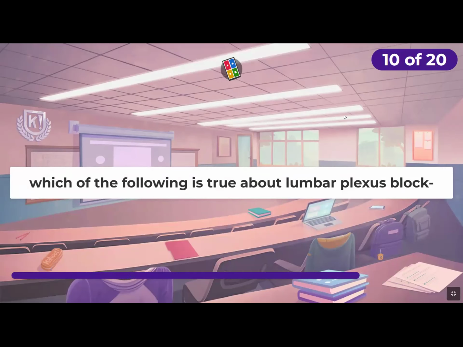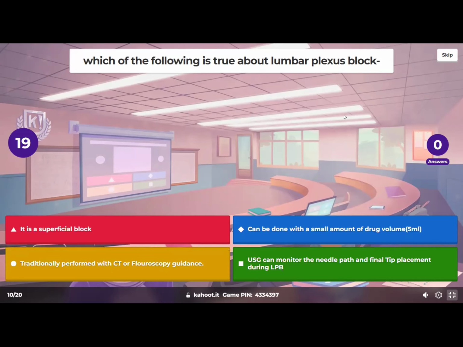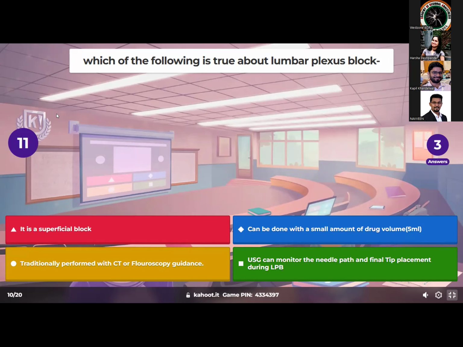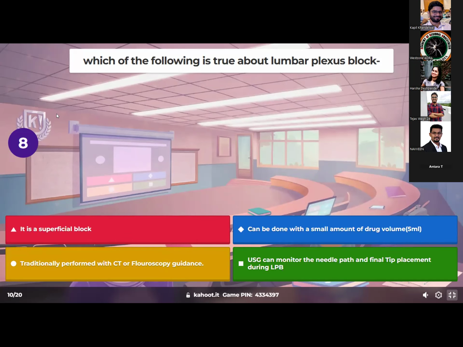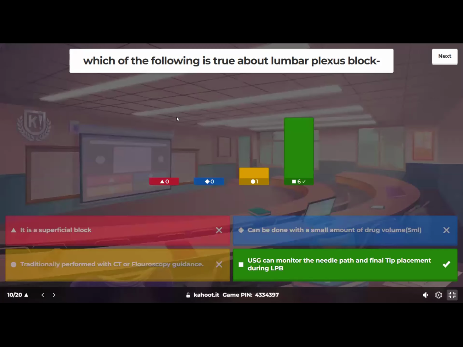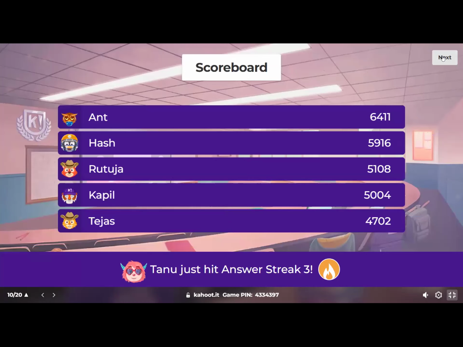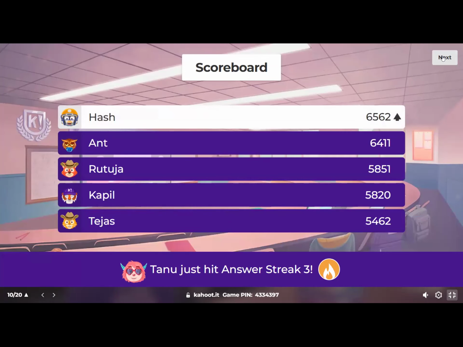Which of the following is true about lumbar plexus block? Yes, you all got it right except one. That's okay. So Hash is leading now.